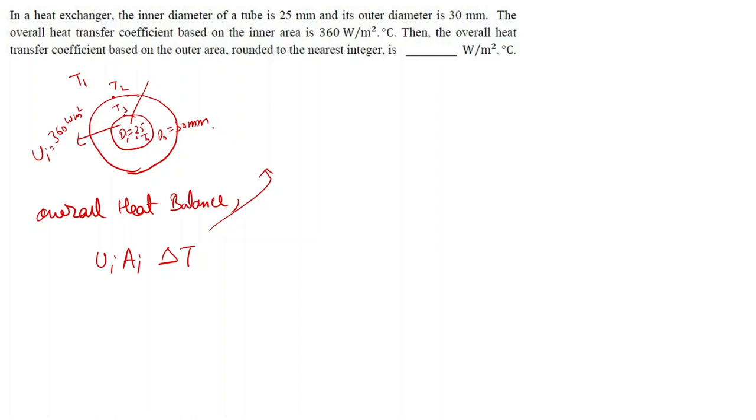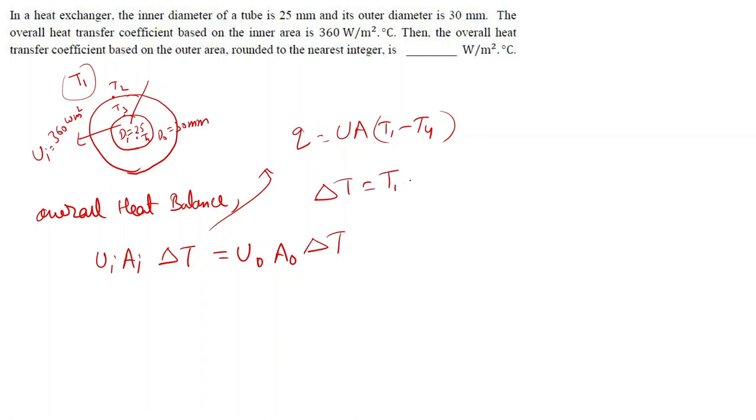Then the total Q, that is heat exchange, will be due to this temperature difference across T1 and T4. So that we can write it as UA T1 minus T4. Okay, so here delta T is T1 minus T4. Similarly for the outer case also it will be same. So delta T will be same for both the cases, that is T1 minus T4.